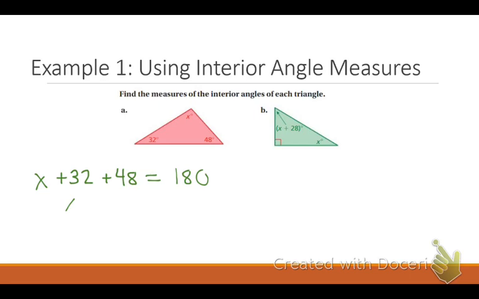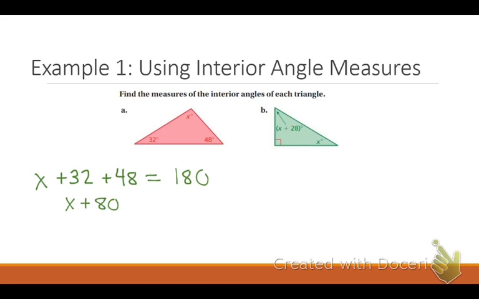On these, you will combine like terms almost every time. What terms can I combine before I solve for x? 32 plus 48, which is 80.